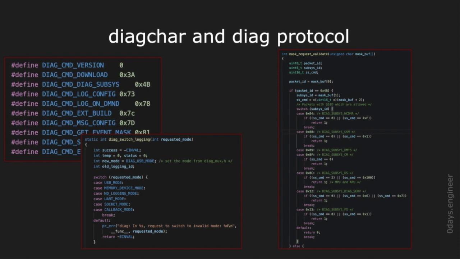USB mode is the default, which is why if you just open the /dev/diag device and try to read something from it, it won't work. It's tied to USB. And in order to reconfigure it to use the memory device, you need to send a special IOCTL code.